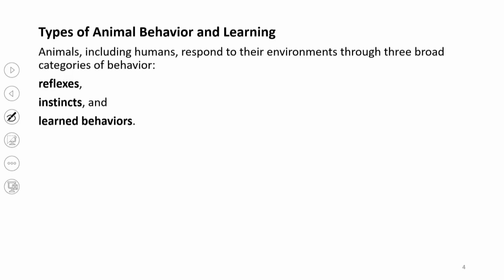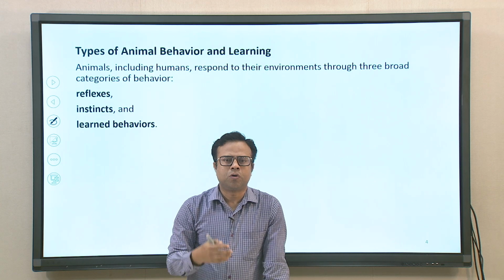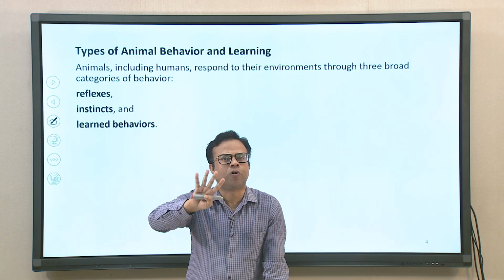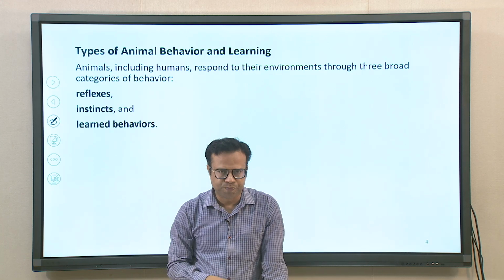When we talk about learning, we need to understand that animals, including humans, respond to environmental stimuli, and accordingly modify our behavior as the environment requires. How we respond can be categorized broadly into 3 categories.